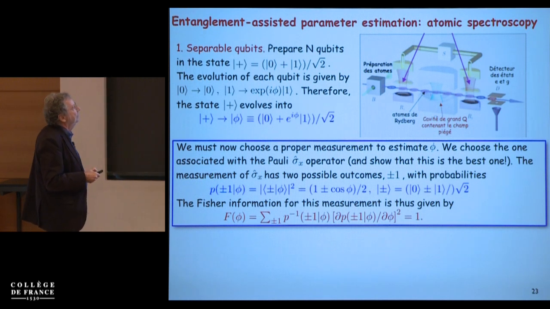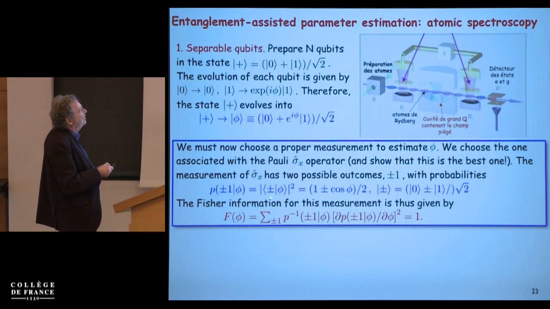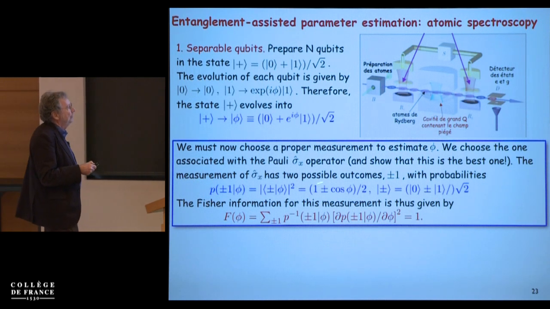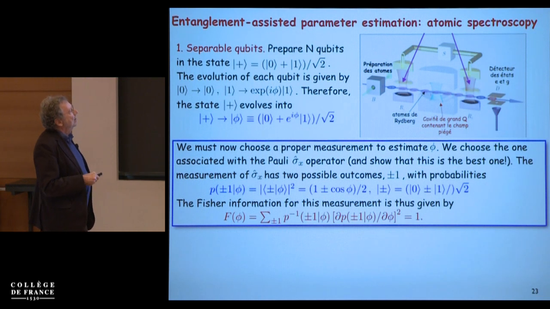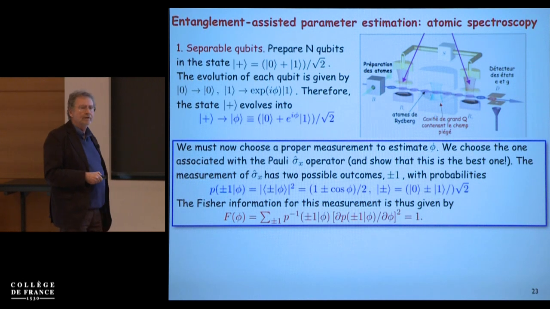So the probability of finding each of these two eigenvalues are given by this expression here. It's just a projection of this state onto the eigenstates of sigma x, and this is equal to this expression here. And now we have the two probabilities, so we can calculate the Fisher information. Just calculate the sum here, and we find that for this case, the Fisher information is equal to 1.